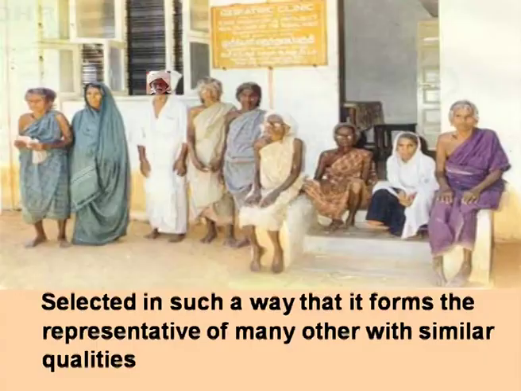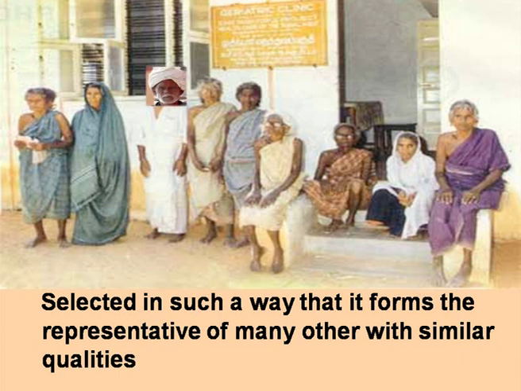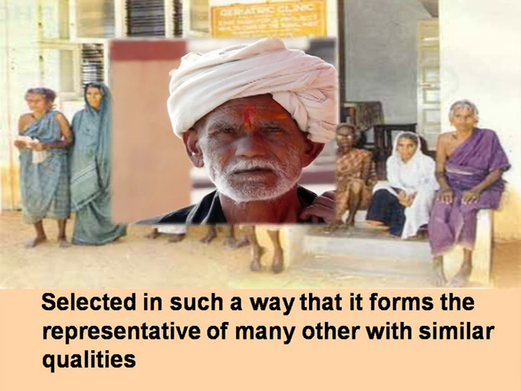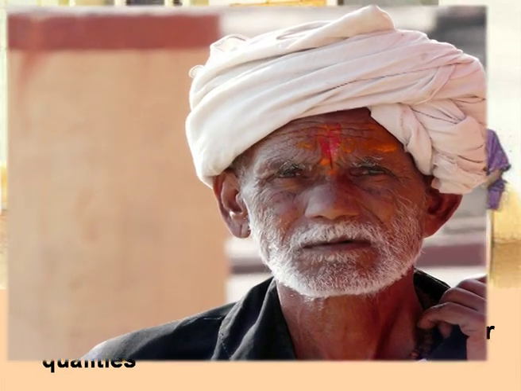In order to get this qualitative explanation, we have to present some cases. When we select the cases, we have to be very careful. We have to select the case, that is an old man with a specific problem, very carefully, so that he represents the whole population of the older people, and then make a case study.